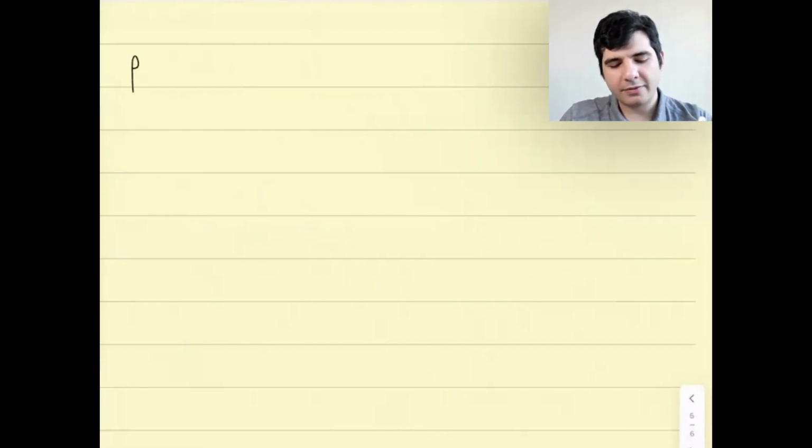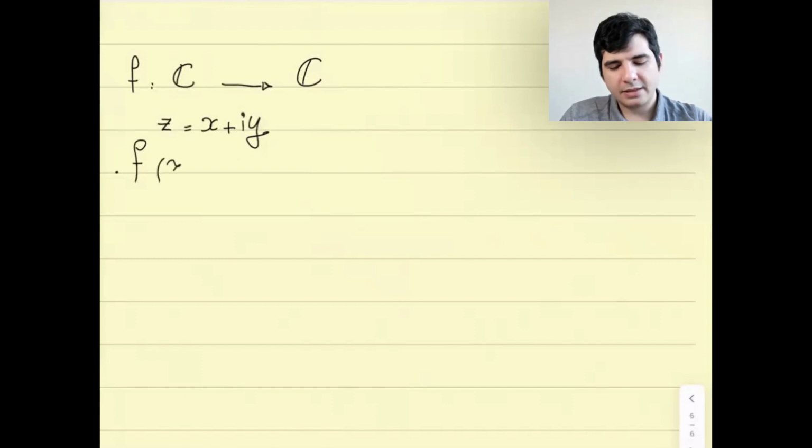So here we have f, a map from C to C, right? And any point z in the domain is a complex number, so it can be written as x plus iy for two real numbers, x and y. So as an example, let's say f of z is equal to, well, it's supposed to be another complex number, right?